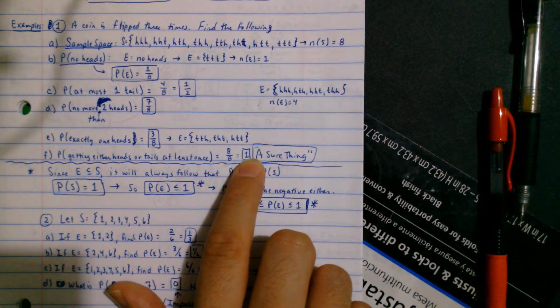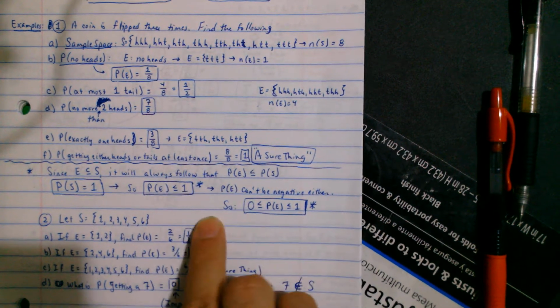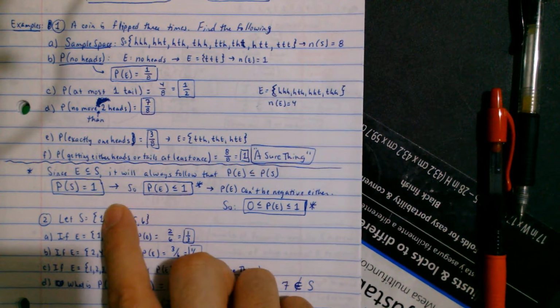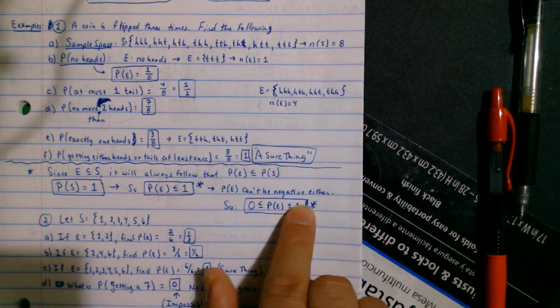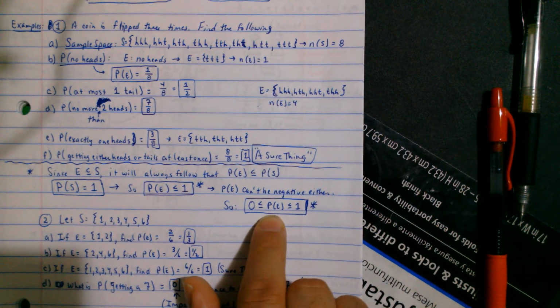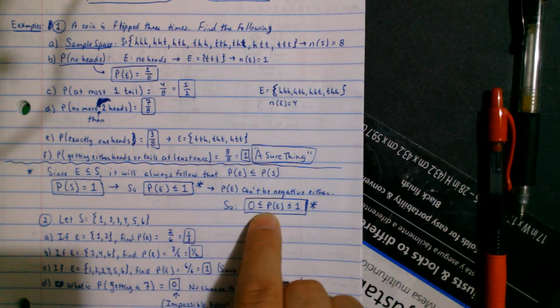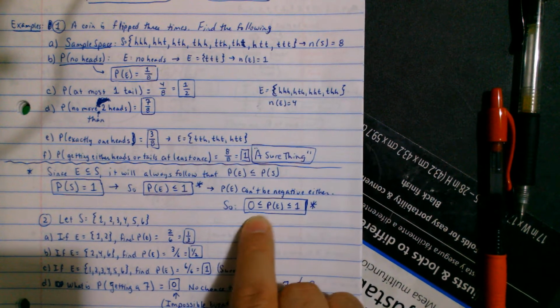It's going to be a full 1. So the probability is always going to be less than or equal to 1. But the probability can never be negative because you can never have negative choices. So it follows that for any event, its probability will always be greater than or equal to 0 and less than or equal to 1. It will always be non-negative and at most 1.